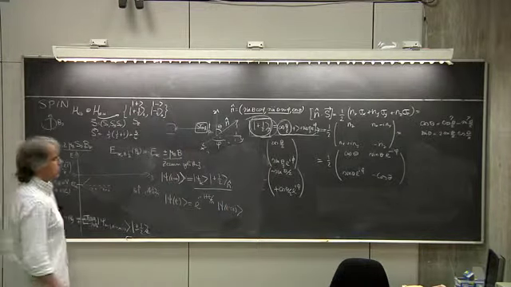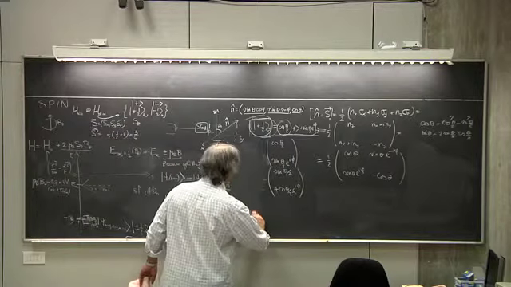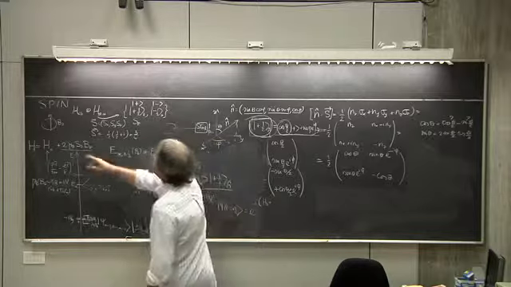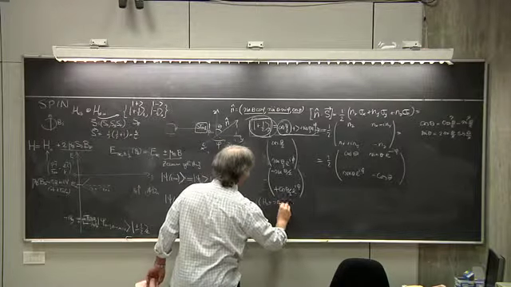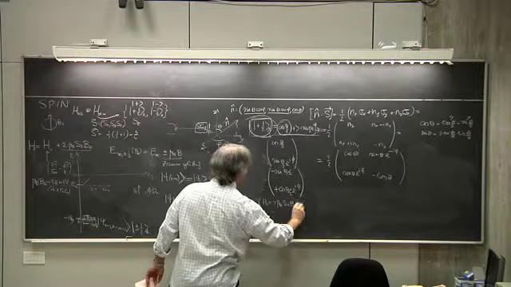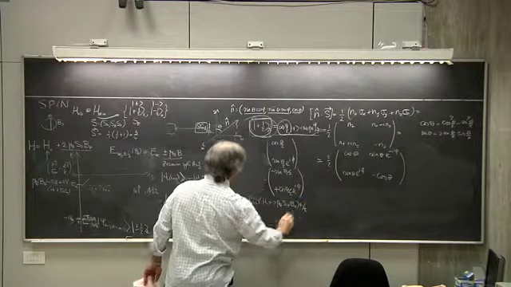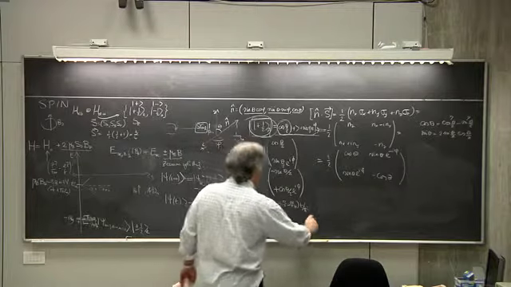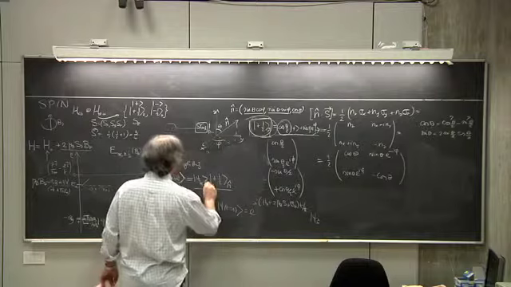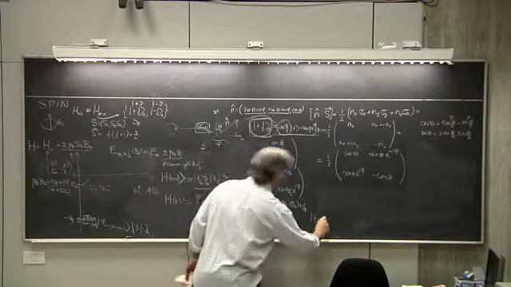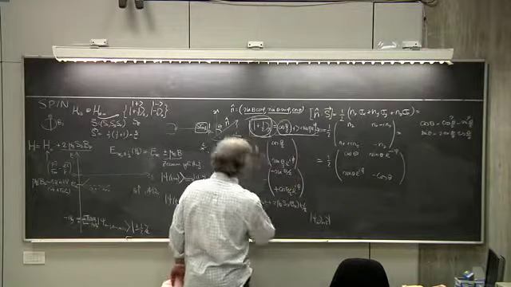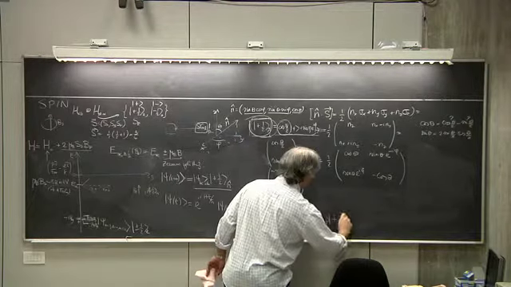So what I have here is e to the minus i (H0 plus 2 mu B Sz Bz) t over h bar, acting on the state, this is the orbital part, times the spin state, plus 1/2 n.